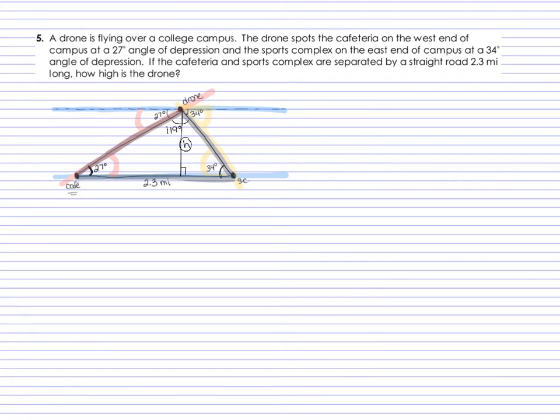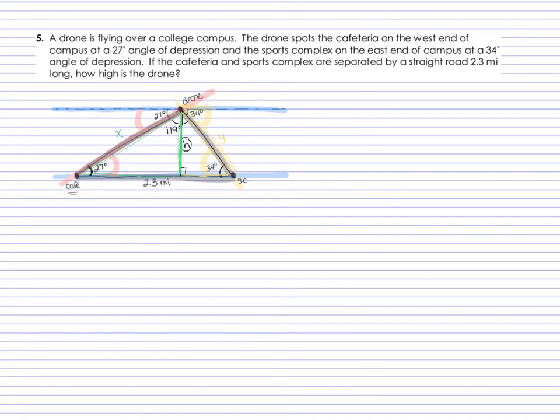Now, technically, this is a side. This H length here is either a side of this triangle on the left, or it's a side of this triangle on the right. So that being said, we can either find this side here, which is X, or we could find this side Y.